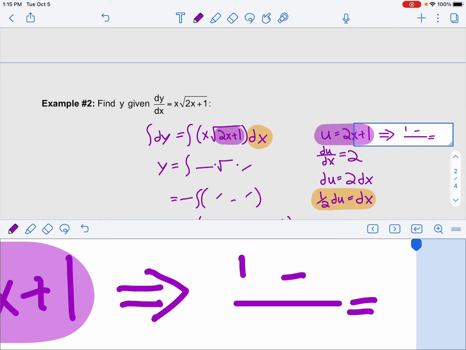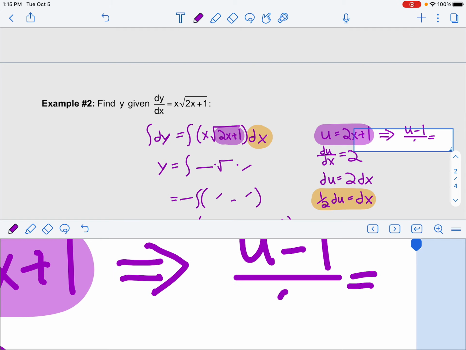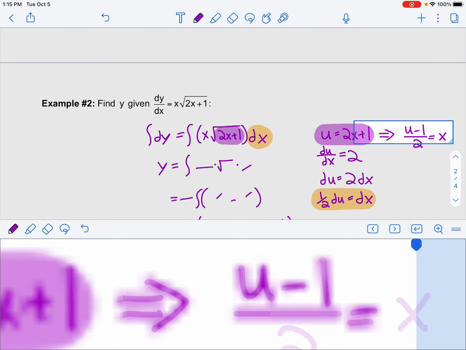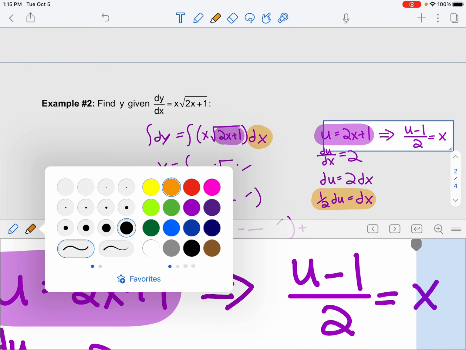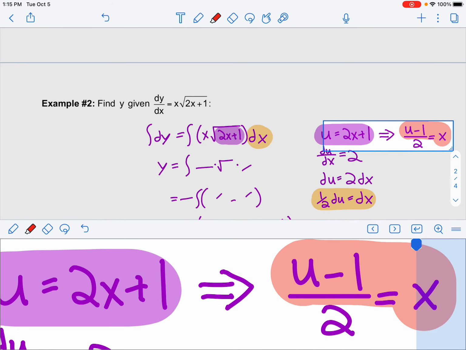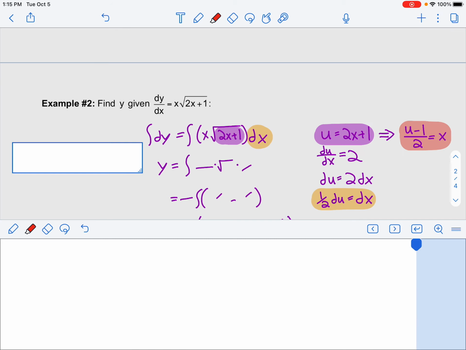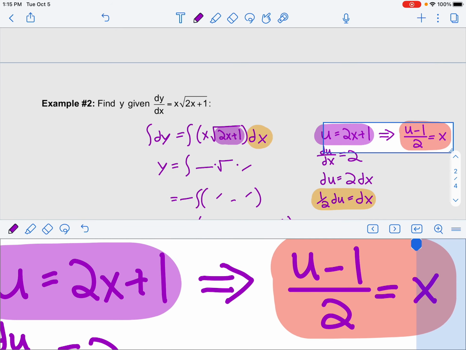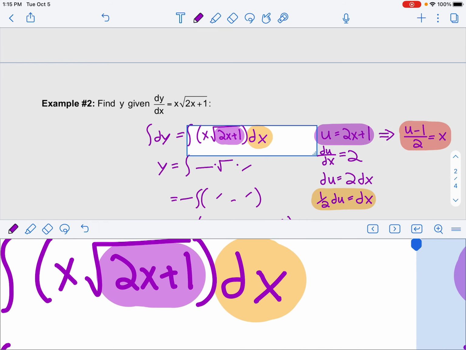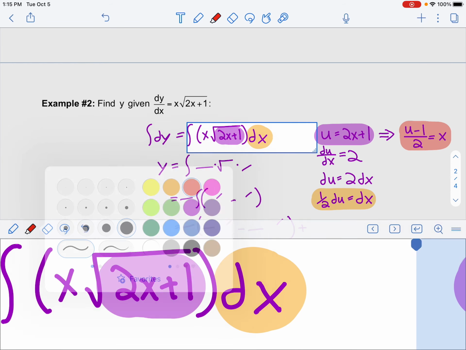So I'm going to write (u minus 1) over 2 is equal to x. So I'm going to substitute that value for x into my integral.